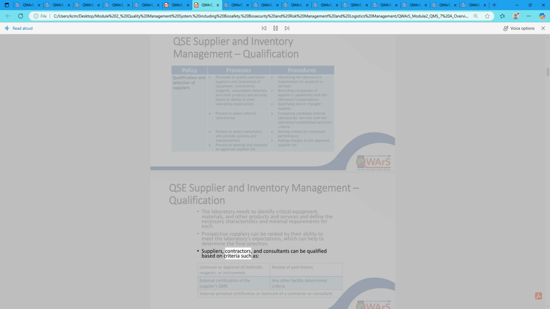Suppliers, contractors, and consultants can be qualified based on criteria such as licensure or approval of methods, reagents, or instruments, review of past history, external certification of the supplier's QMS, any other facility-determined criteria, external personnel certification, or licensure of a contractor or a consultant.